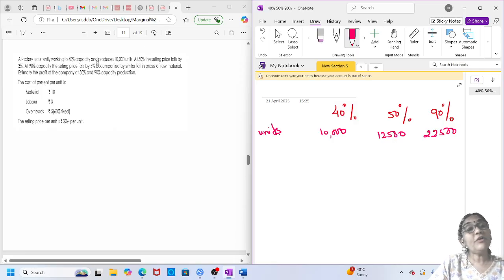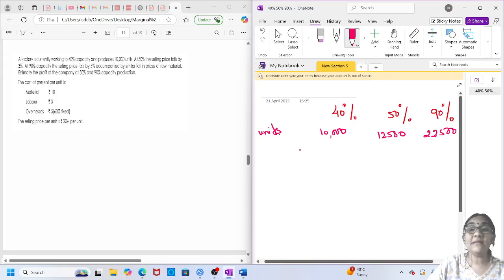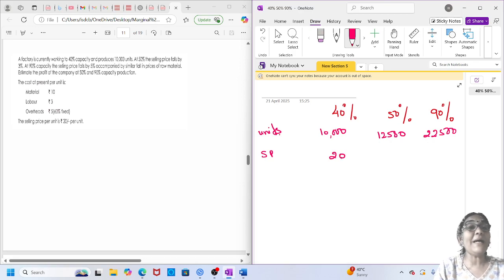Factory is currently working at 40% capacity. At 50%, the selling price falls by 3%. So let us do the selling price here. Currently, the selling price is 20. So at 50% capacity, the selling price will fall by 3%. So 20 less 3% means the selling price here would be 19.4.